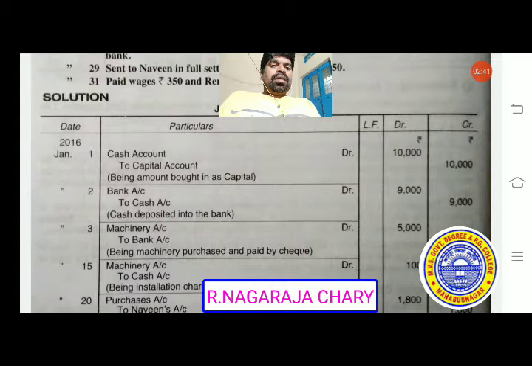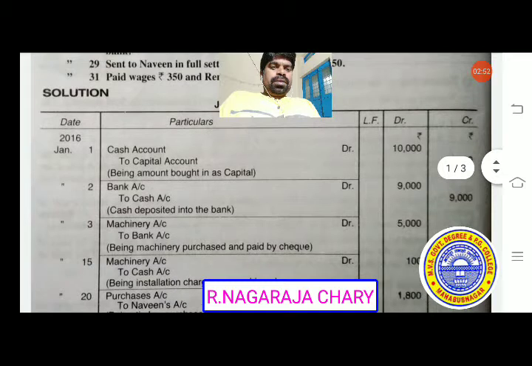So here cash account is debited, so cash account is recorded on the debit side, whereas capital account is recorded on the credit side. For these two aspects we have to prepare separate accounts.